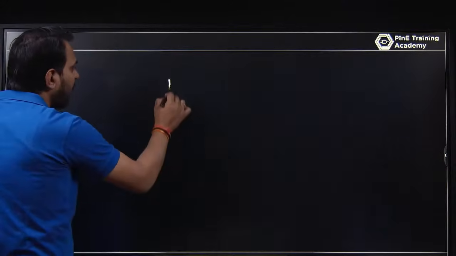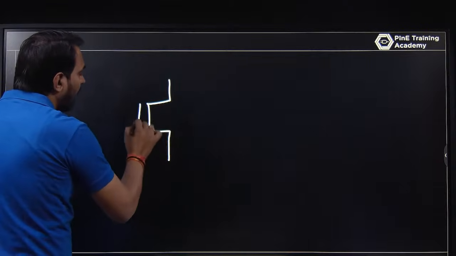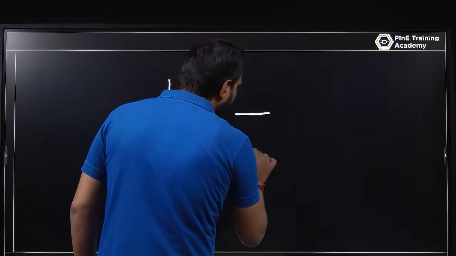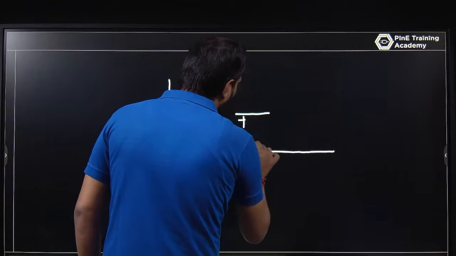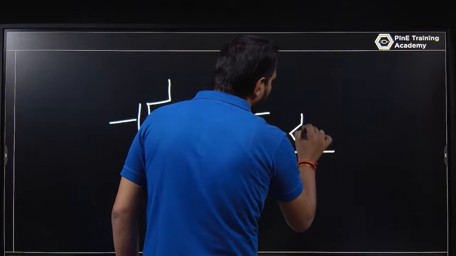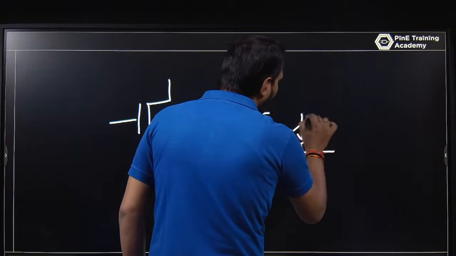I am talking about the MOSFET. You have a MOSFET. If you talk about the small signal model of the MOSFET, you have a VGS, you have a current source, and you have a resistor.